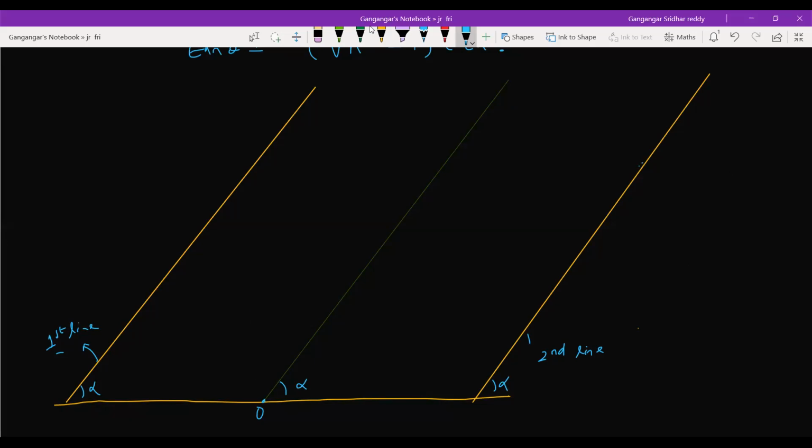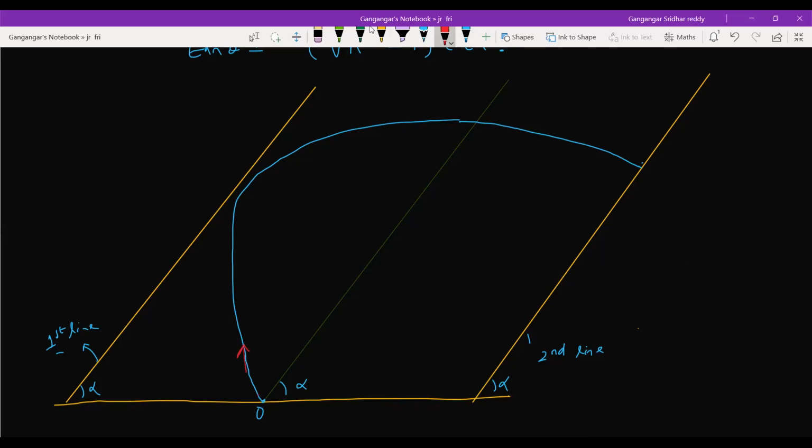Some rough diagram. It's a rough diagram, just to make you understand, I'm giving.